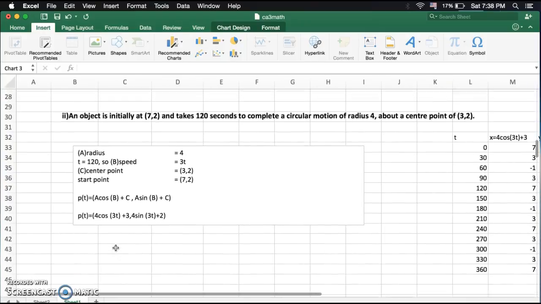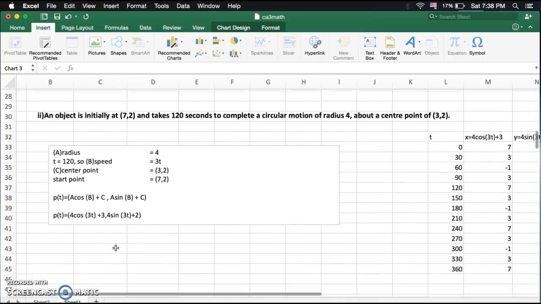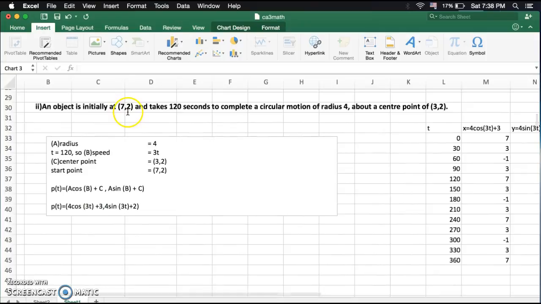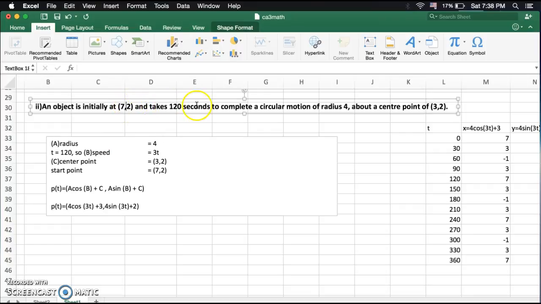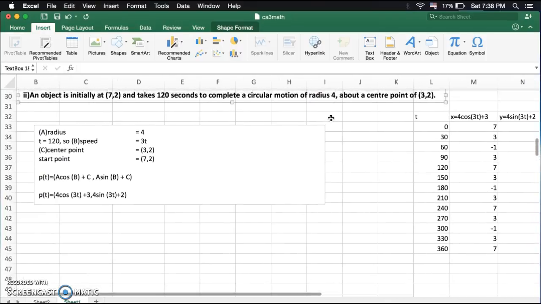Okay, now I'm going to talk about circular motion, which is question 2. An object is initially at (7, 2) and takes 120 seconds to complete a circular motion of radius 4 about a center point of (3, 2).